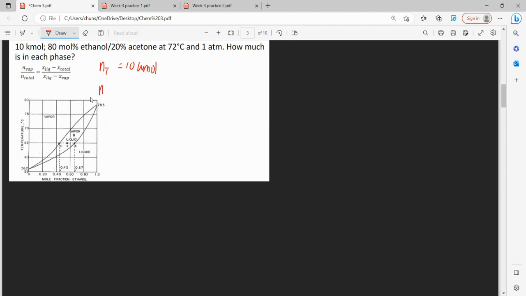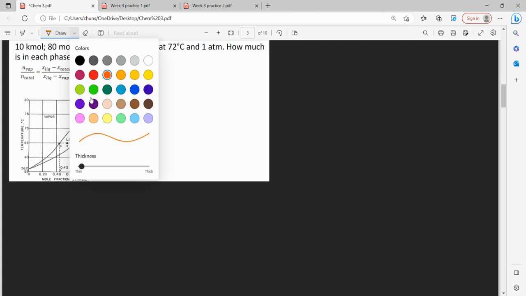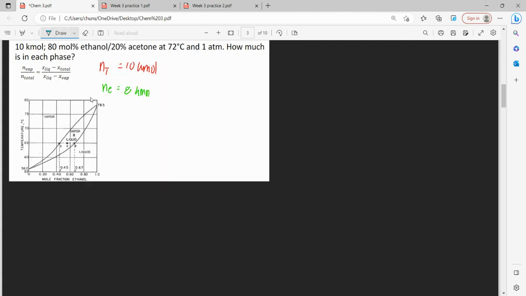So for ethanol, this is 80%, so this becomes 8 kilomoles. And for our acetone, at 20%, this is 2 kilomoles. Both of these components should add up to our total, which is 10.